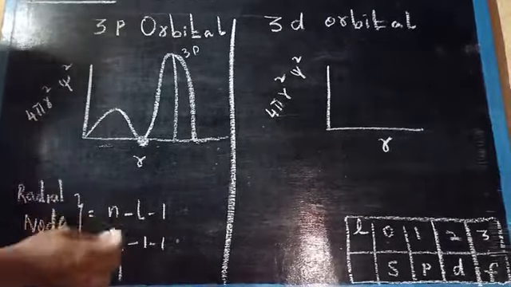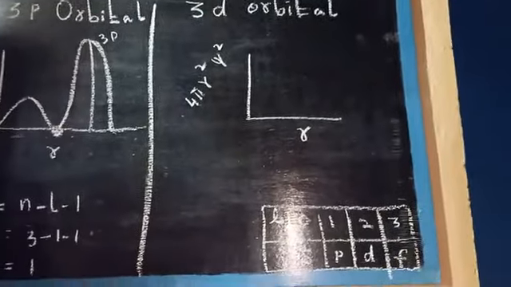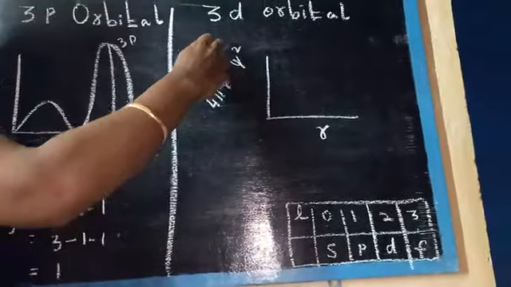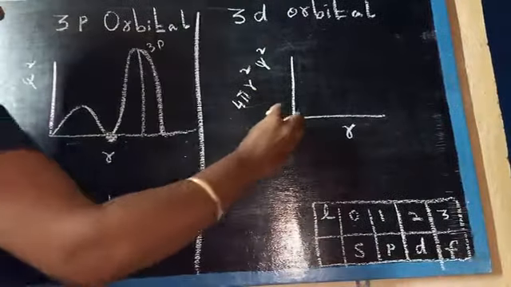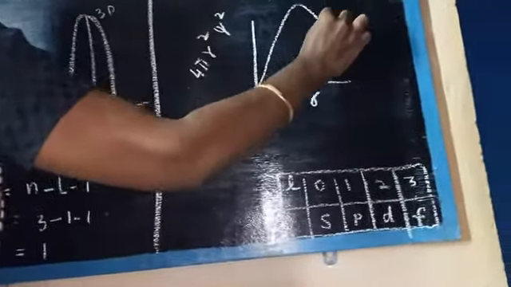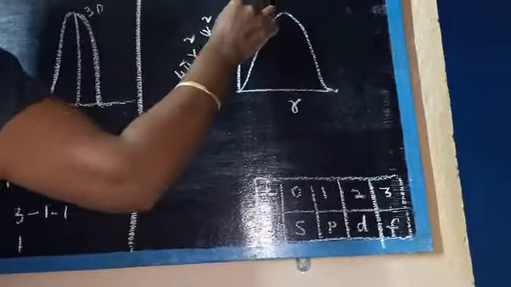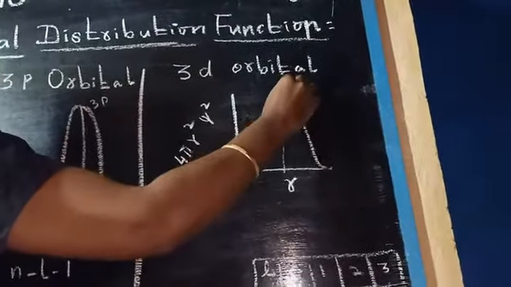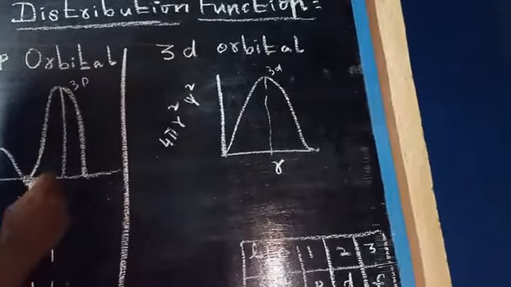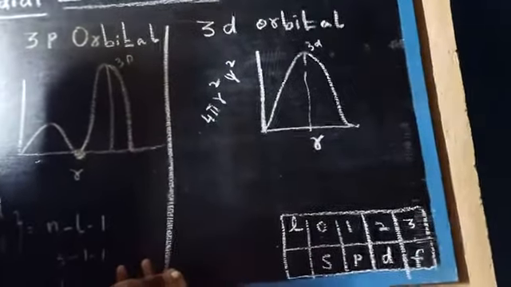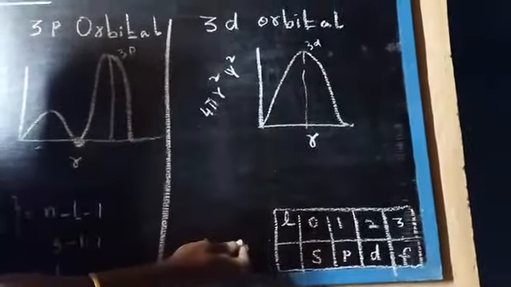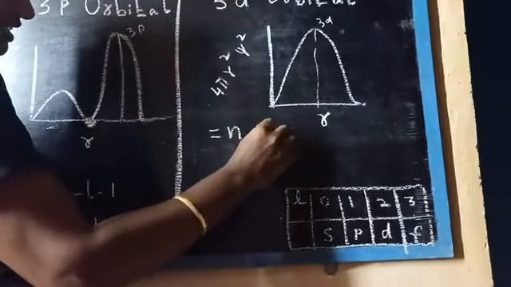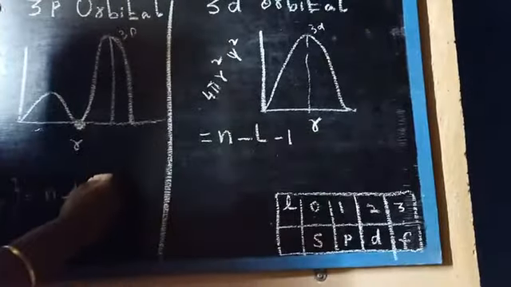Next, now see the 3d orbital. The graph is plotted between 4 pi r square psi square versus r. This one is represented as the 3d orbital. Are there any nodes here? No nodes. Now apply the formula. What is the radial node formula? n minus l minus 1.